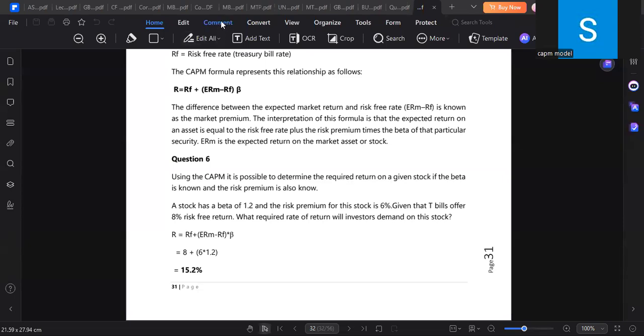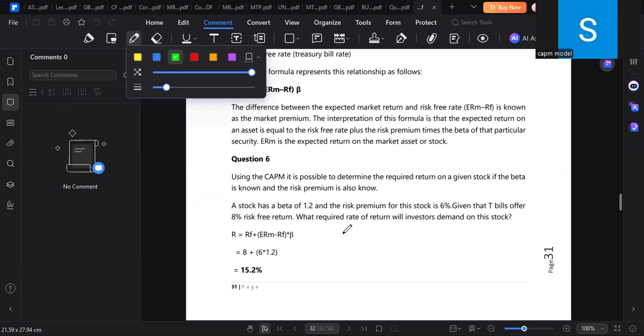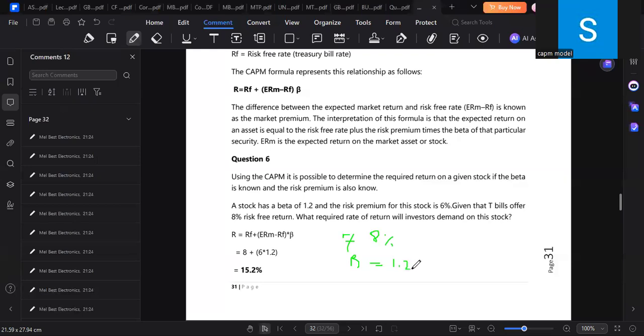Now, if in this case we're given the following, our risk-free rate was 8%, our beta was 1.2, and our ERM maybe was 14%.